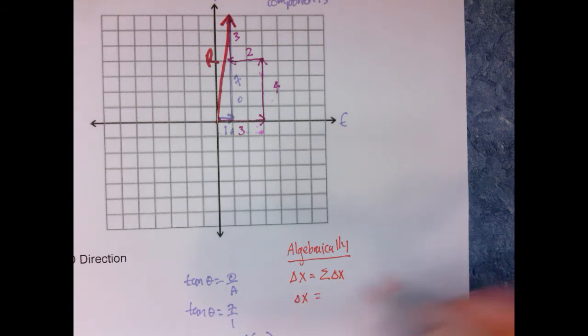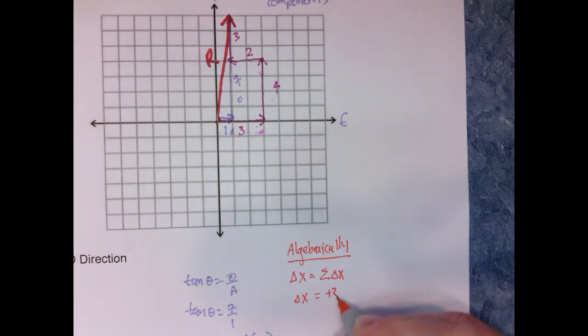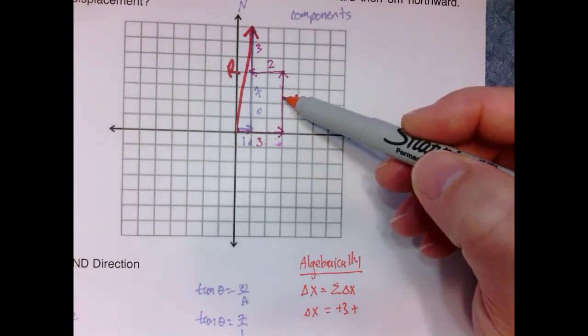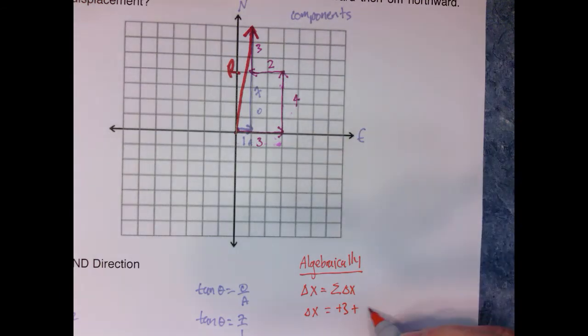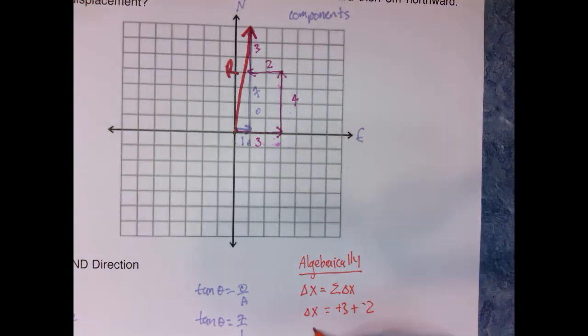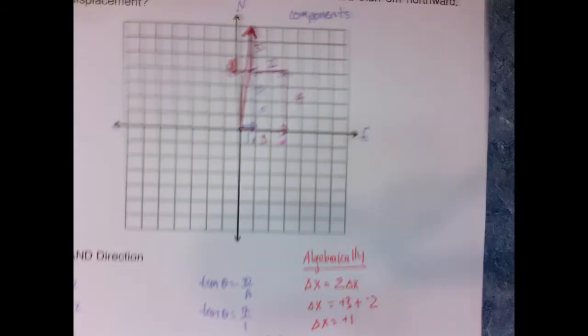When we look here, in the x direction we have plus 3. And this next vector, 4, had no x part. This one was negative 2, plus a negative 2. And this last one had no x part. So delta x, plus 3 minus 2, is plus 1. And that, of course, is what we end up with here, the resultant.